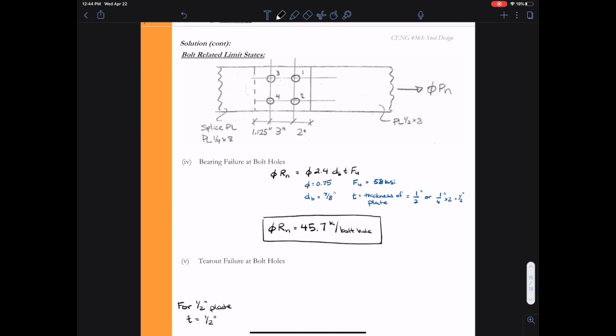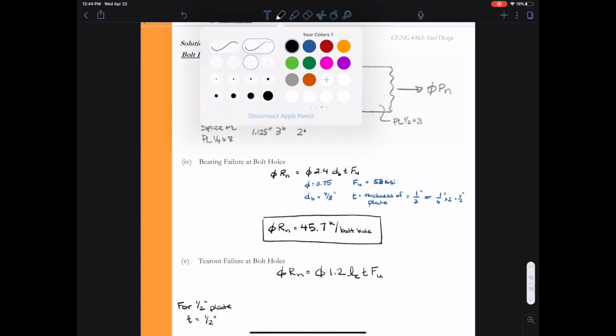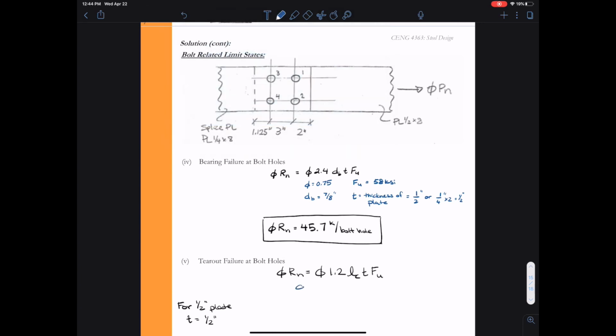Next, I want to look at tear out failure of the holes. Now, like we did with bearing, we have to consider both the 1/4 inch splice plate and the 1/2 inch plate members. So recalling our formula, phi(Rn) is going to be phi times 1.2 times L sub c times T times F sub u, where phi is going to be 0.75.